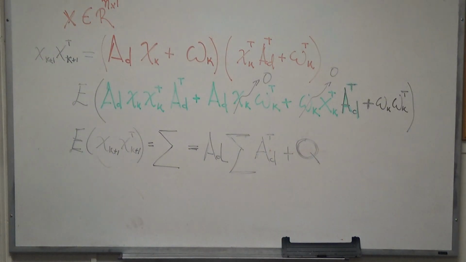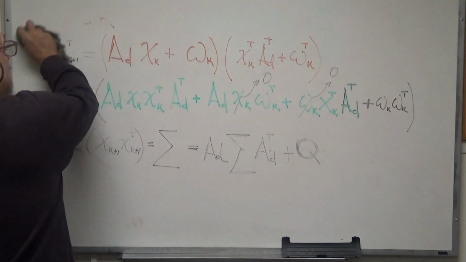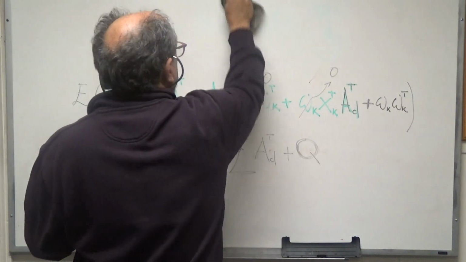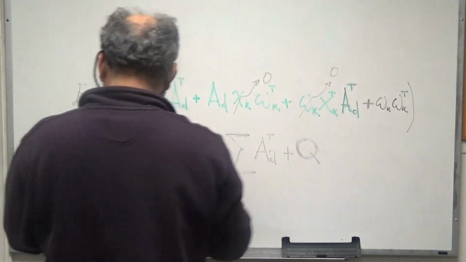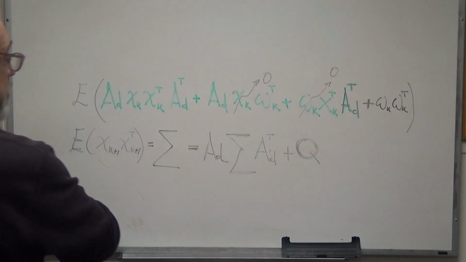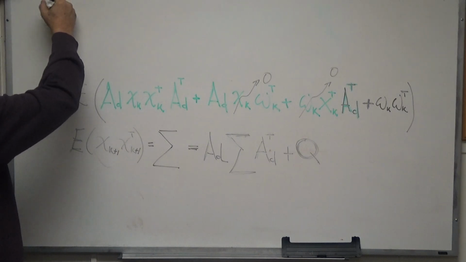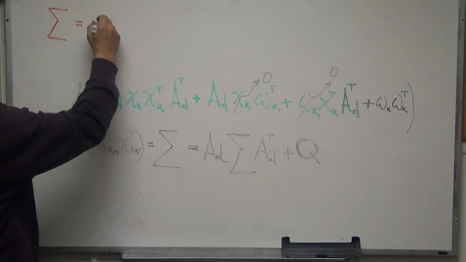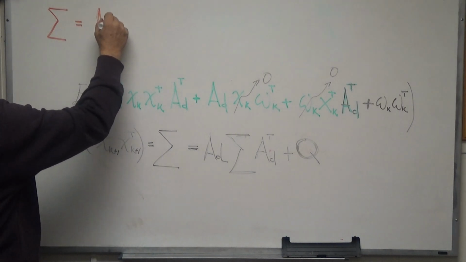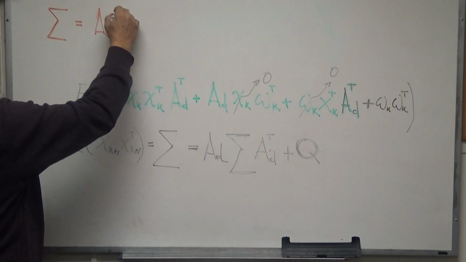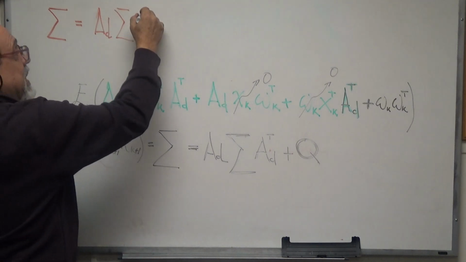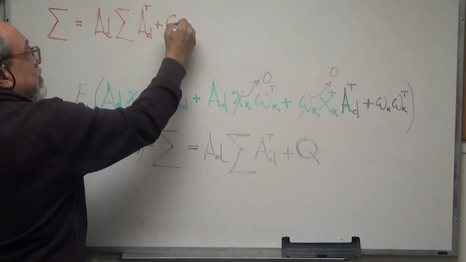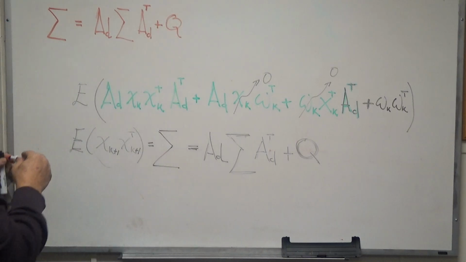So we have developed, at this point, the first equation for a stochastic ID. And that first equation, we will store it over here. It reads sigma is equal to AD times sigma times AD transpose plus Q. Okay?